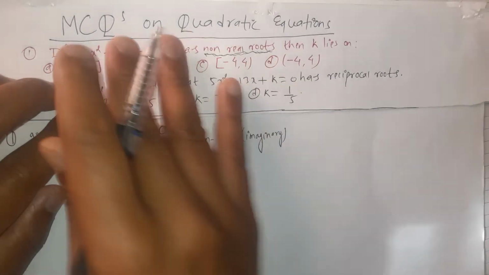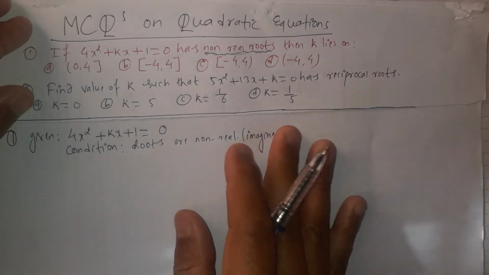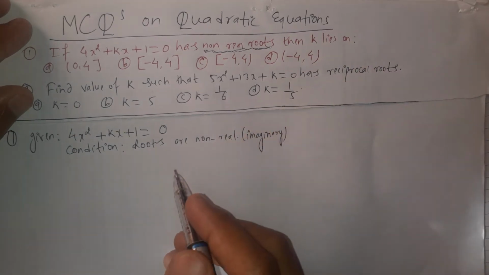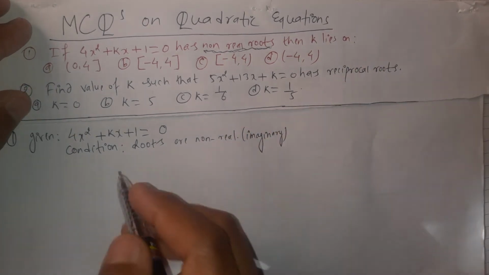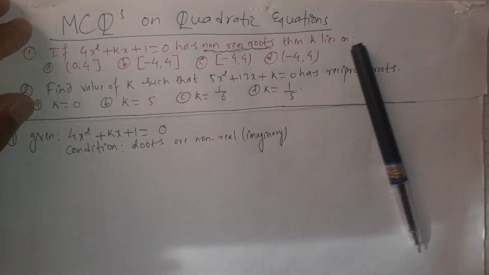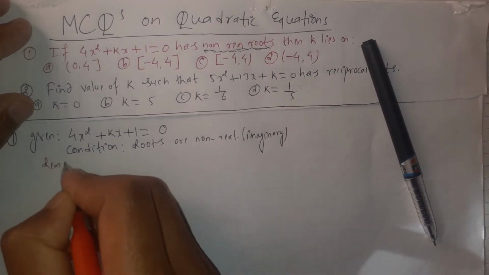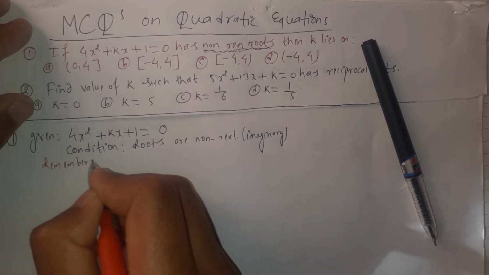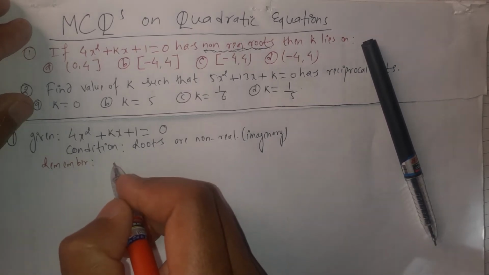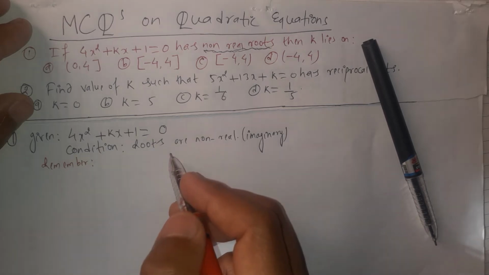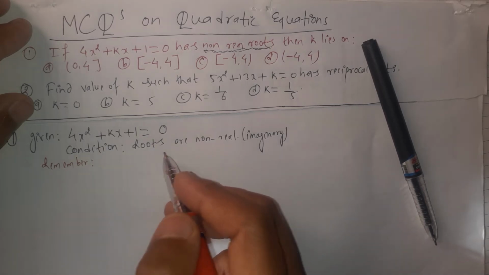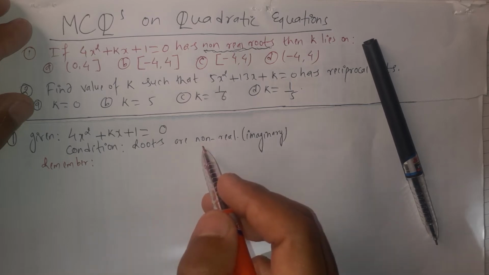And we already studied the conditions for the roots being non-real or imaginary. Please remember the condition. If the discriminant is less than 0, or negative, then the roots will be non-real or imaginary.